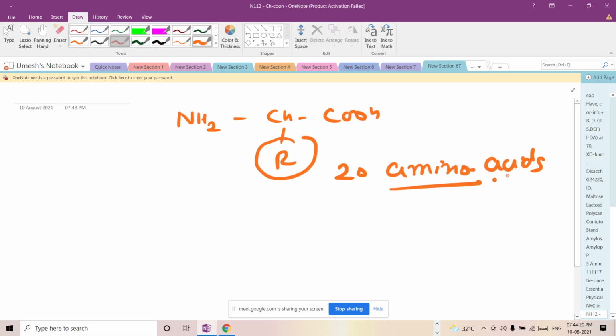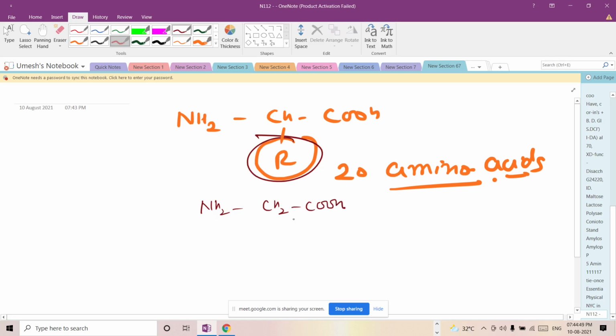Till now, we have found that in all the plants, animals, microorganisms, bacteria, virus, everything, we have 20 different amino acids. It can be hydrogen. If I put hydrogen here, it will be NH2, CH2, COOH. In that case, we call this glycine.